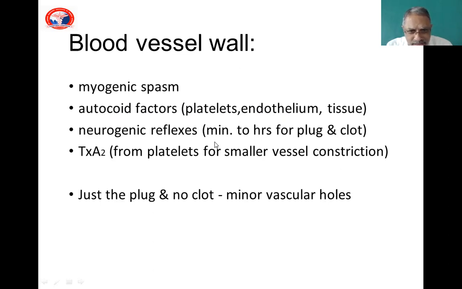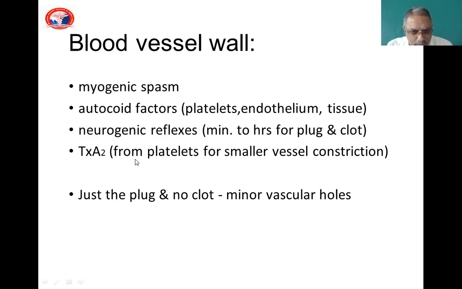Neurogenic reflexes set in, lasting from minutes to hours, for platelet plug formation and for clot formation. Neurogenic reflexes come to the fore because of sensory nerve damage and pain nerve damage.